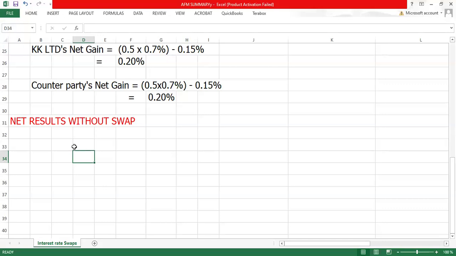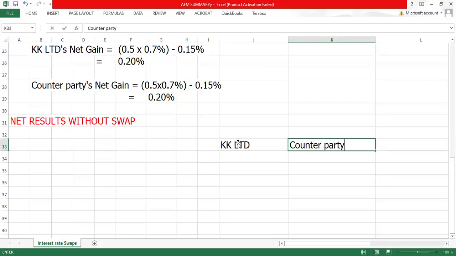Here you can answer in the table format. You have the company hedging, you give the space here. Don't write, first wait. You have the company hedging, which is KK Limited. Then you have the counterparty. Now, as you determine the net results without swap, you always need the rate without swap.